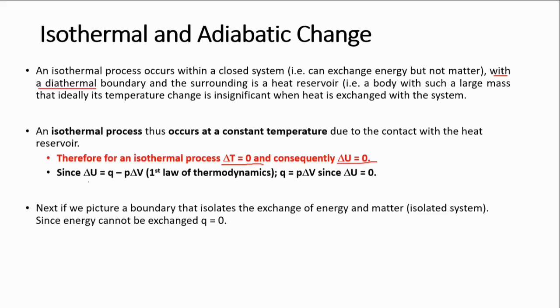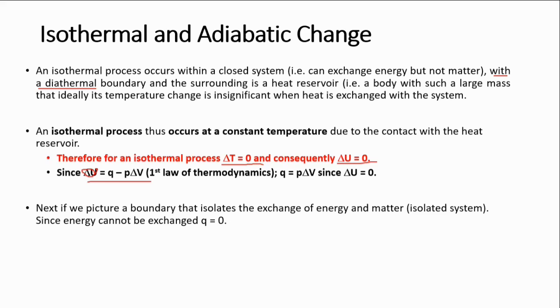And so the first law of thermodynamics equation can be modified a little bit, because what you have is delta U being equal to 0, and so you could separate these two. Let's show you what I'm talking about.